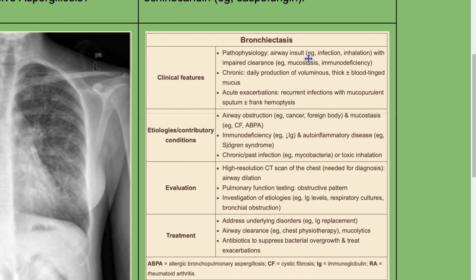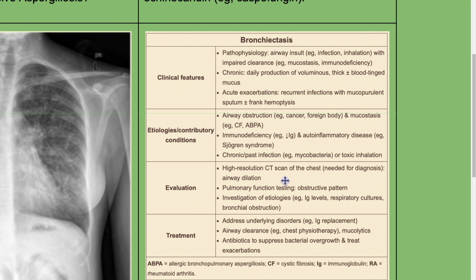Pathophysiology: airway insult, for example, infection, inhalation with impaired clearance, mucostasis, immunodeficiency. Clinical features: chronic, daily production of voluminous, thick, with or without blood-tinged mucus, acute exacerbations, recurrent infections with mucopurulent sputum, with or without frank hemoptysis. Etiology or contributory conditions: airway obstruction, cancer, foreign body, and mucostasis, immunodeficiency, autoimmune inflammatory disease, chronic past infections or toxic inhalation.